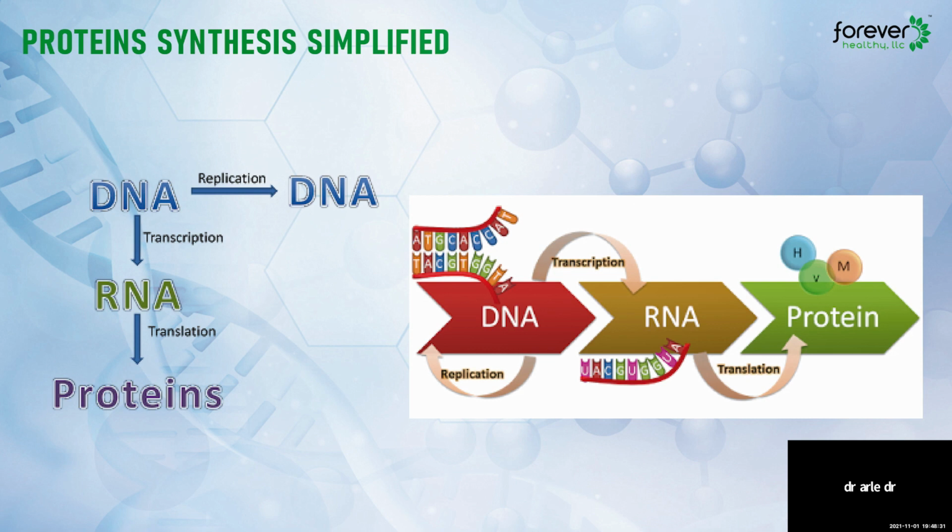Therefore, it's very important that we support the stability, the structure, and function of the DNA and RNA, right? Can you see it? And that's where the nucleotides come in, because the nucleotides, which are nitrogen bases, are part and parcel of the DNA and RNA.